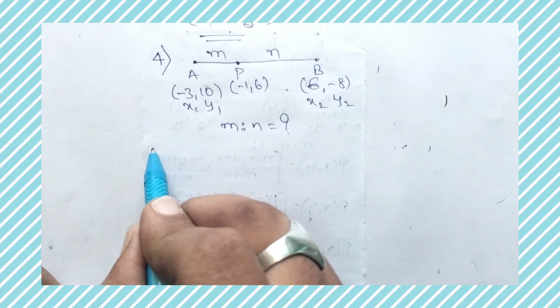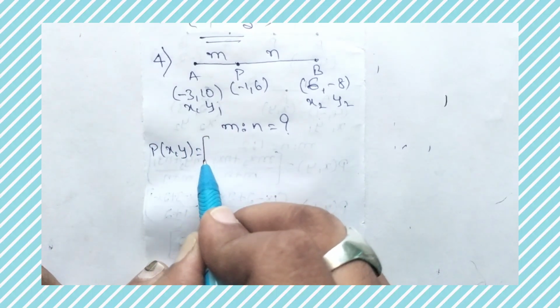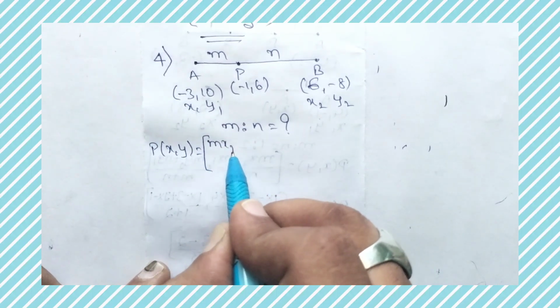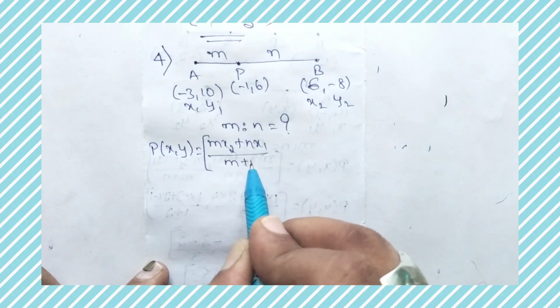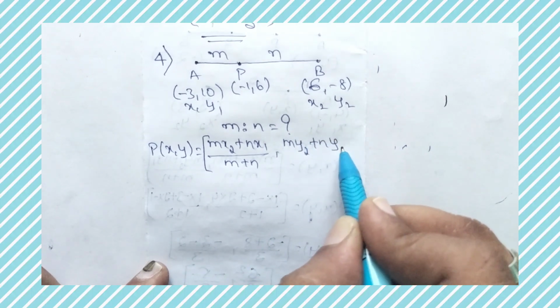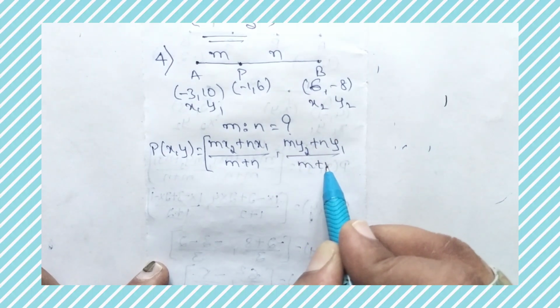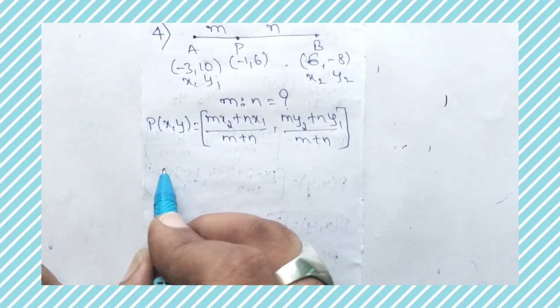So for that let us use the formula Px comma y, that is the section formula, that is equal to mx2 plus nx1 divided by m plus n comma my2 plus ny1 divided by m plus n. So now what is Px comma y?